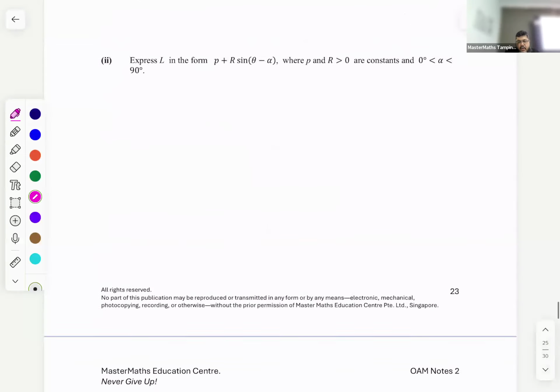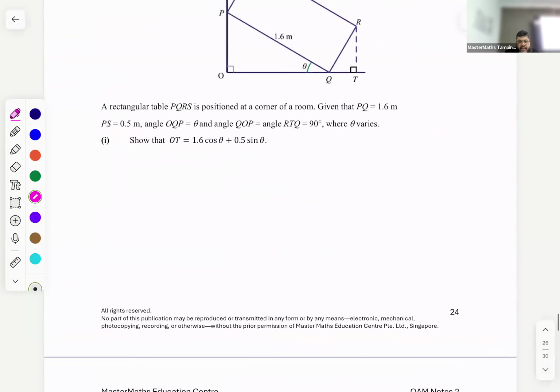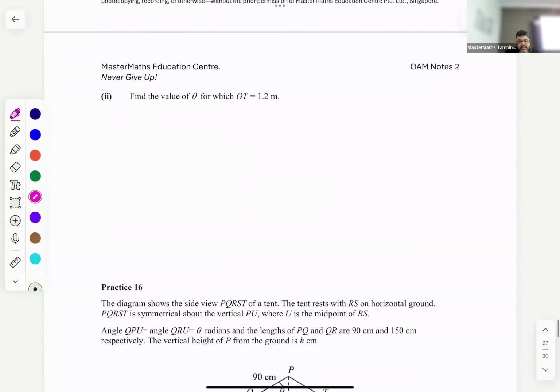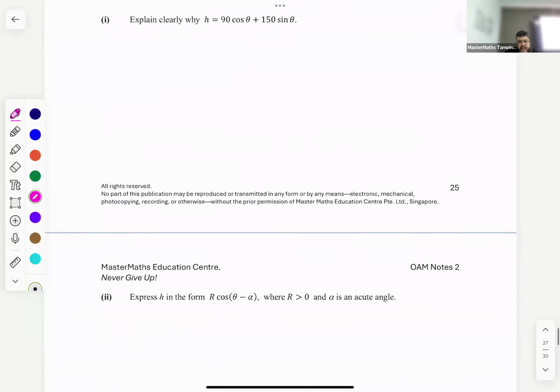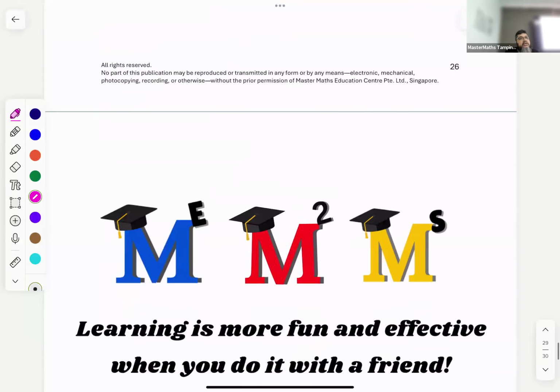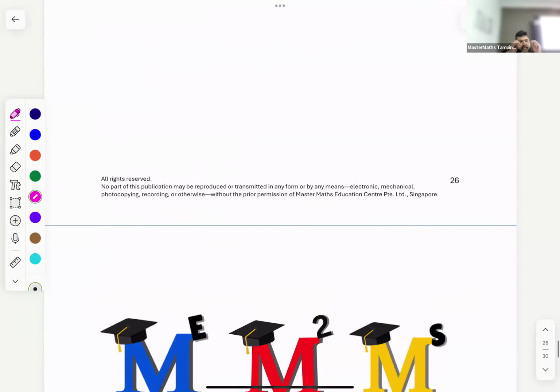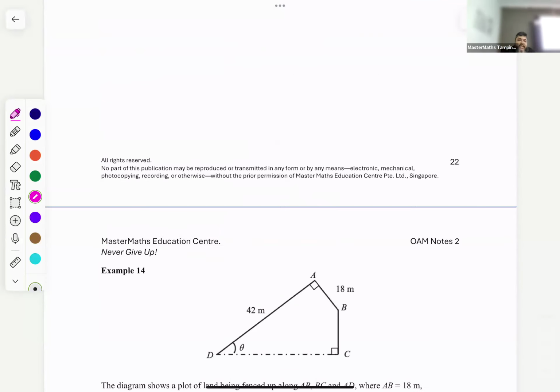Application question saying that there's a lawn there, something like this, and they love this R formula. That's why I said your school will start with the R formula this year. And they expect you to know all the trigo stuff that we covered until now. They expect you to know it well.